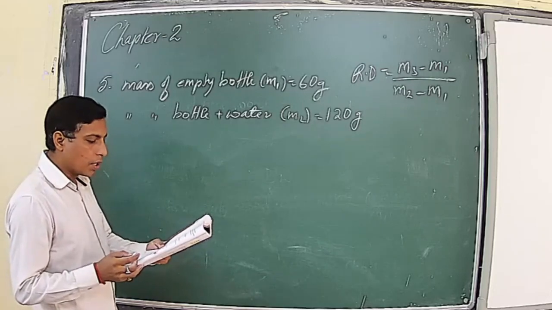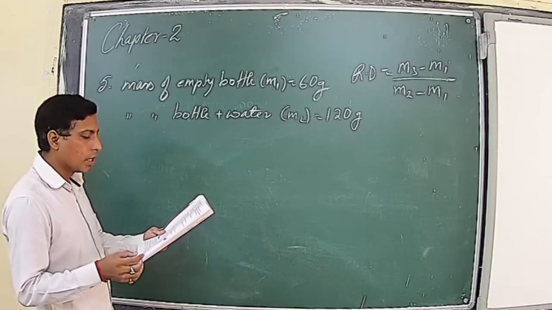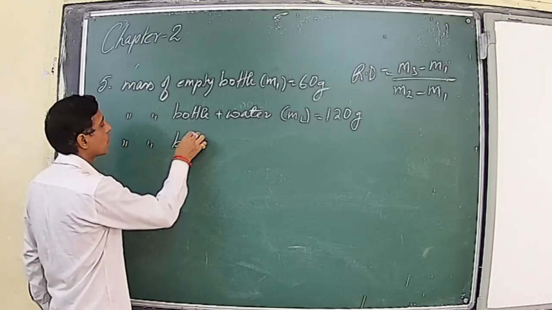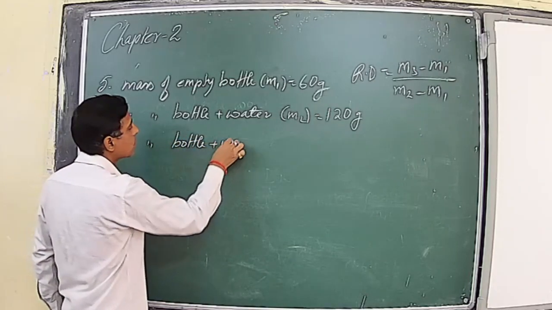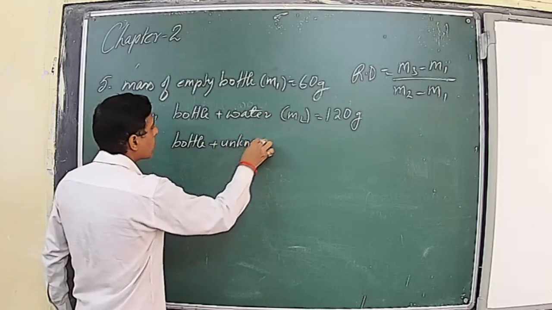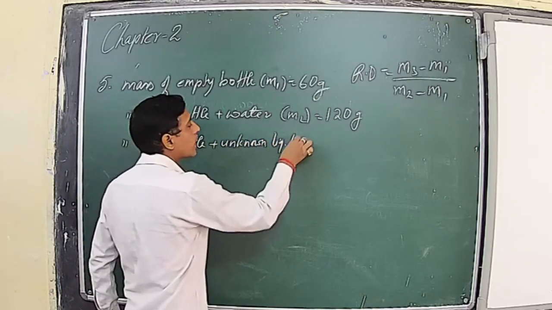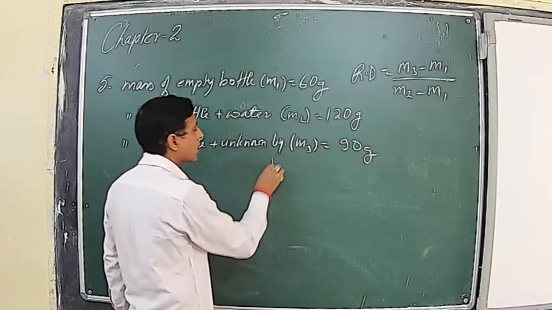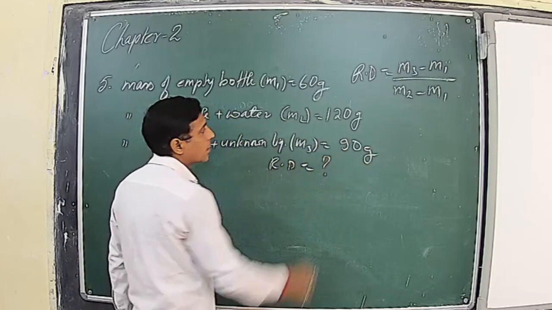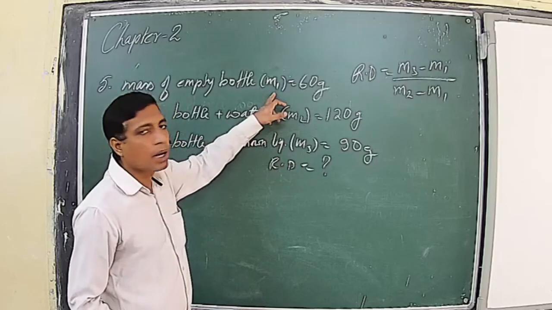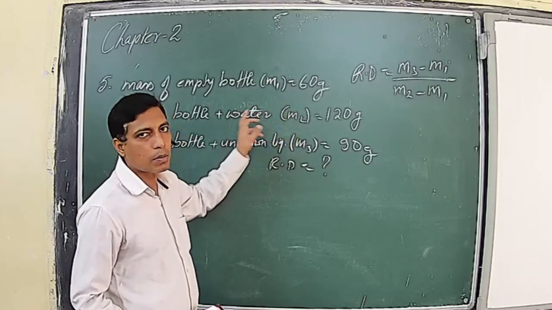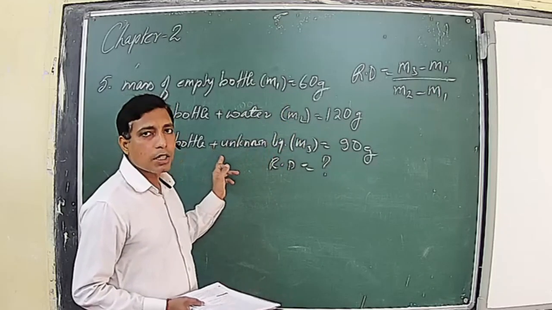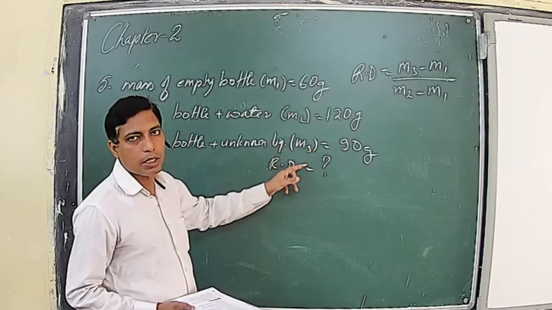And when the bottle is completely filled with unknown liquid, it weighs 90 grams. So mass of bottle plus unknown liquid, M3, is given 90 grams. Then calculate relative density. Now we have M1, the mass of empty bottle, M2, the bottle plus water when completely filled, and M3, the mass of bottle plus unknown liquid when completely filled.